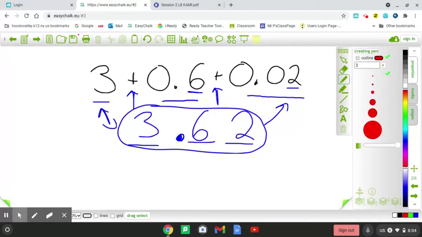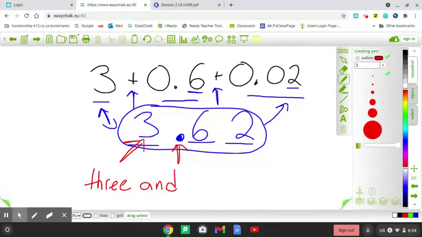Now, if you can read the number, then you can write it in word form, because as you read it, listen to yourself. That's exactly how you're going to have to write it. So when we read a number, we can start with the whole number, 3. When we see the decimal, we're going to read it as "and."